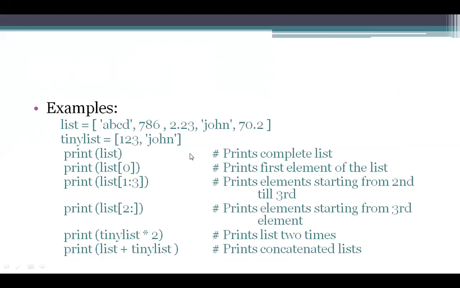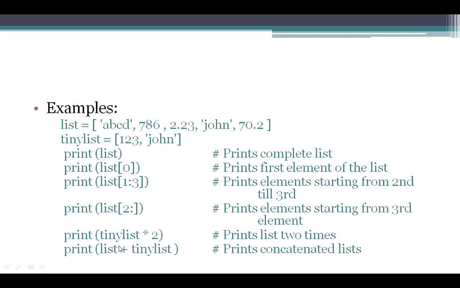We can print the elements of the list, and we can access each indexed item by providing the index value. We can print it as many times as we want with the help of the repetition operator.